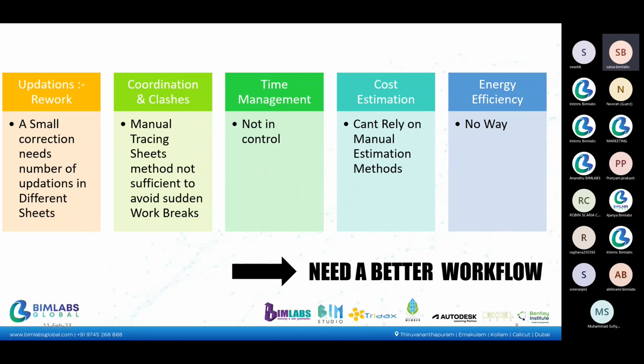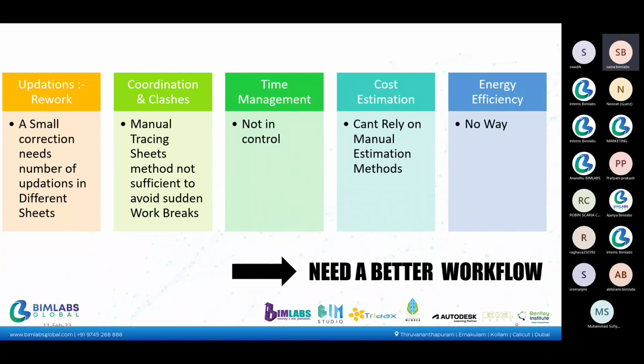If there is any error in an architectural model, it should be corrected in the architectural model as well as other discipline worksheets also. So it will take more time, and coordination and clashes cannot be identified or rectified through the hand drafting method. And time management is also not in our control, that we can't control the time of the construction period or any other thing through hand drafting.